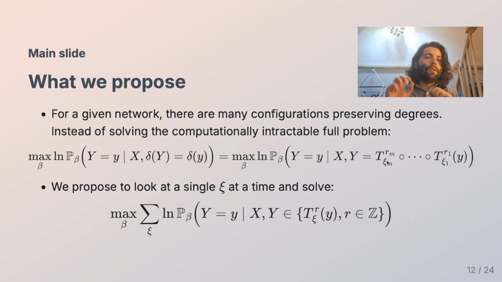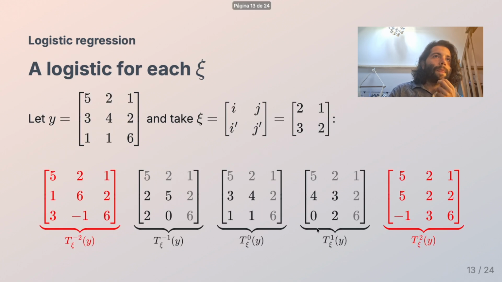And then we sum this log likelihood over all polyads. So we replace this log likelihood by this function here. And doing that, what we end up having is a logistic regression defined for each polyad.